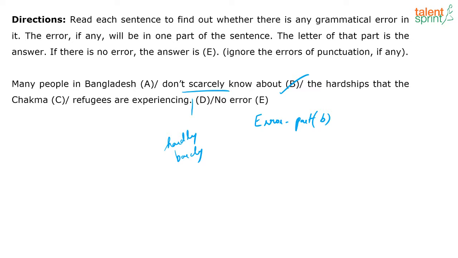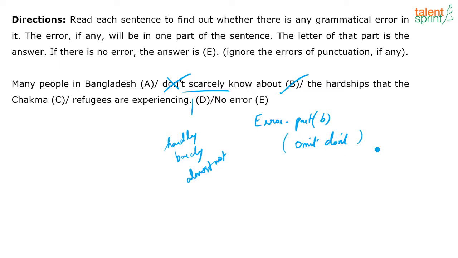Are you with me? Double negatives are something that we need to avoid. Scarcely itself brings in a negative meaning, talking about almost not, or hardly, or barely, or only just. So, many people in Bangladesh, I don't need this don't. We have to omit don't.